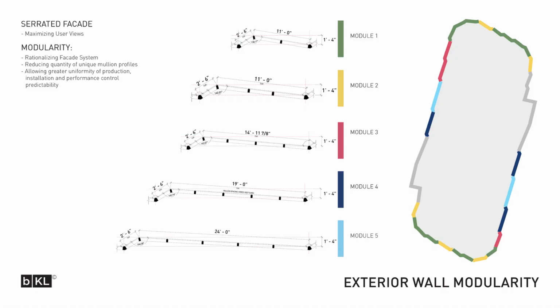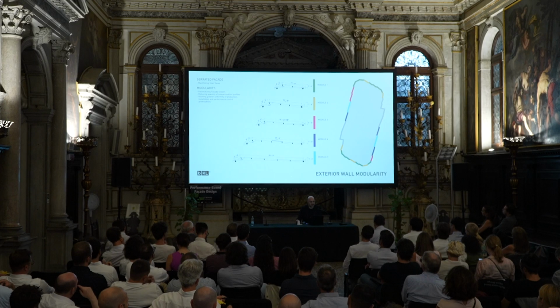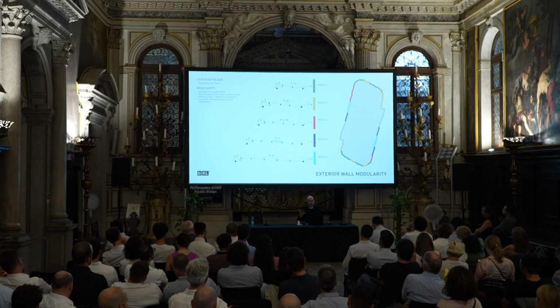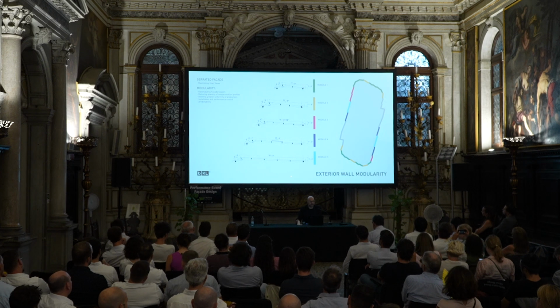So breaking away from the grid in the layout of the towers allowed us also to look into breaking away from the rectangular form of the body of the towers. So you can see it's a curvilinear shape. And this was all part of these strategies for optimizing the views.